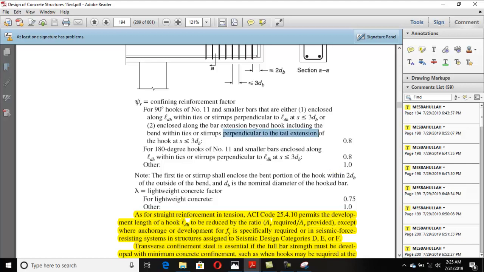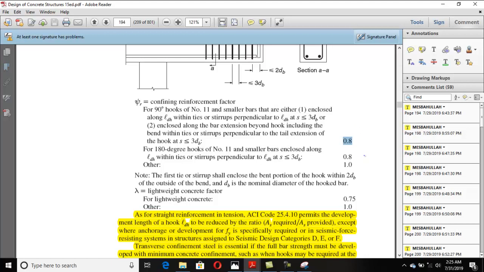Look, stirrups are placed perpendicular to the tail extension, meaning parallel to the bar, and specified with the same criteria. Then your psi r value will be 0.8 if it fulfills that criteria.